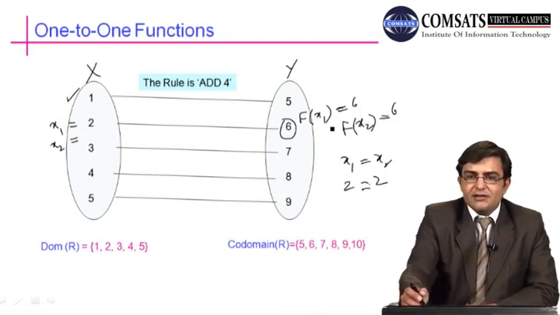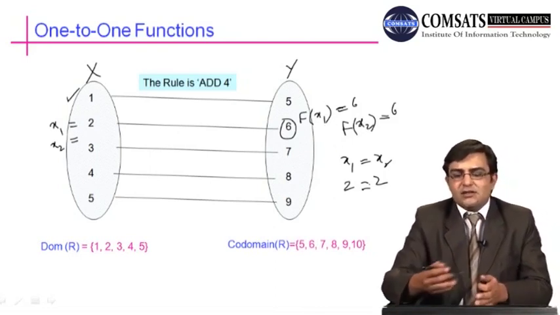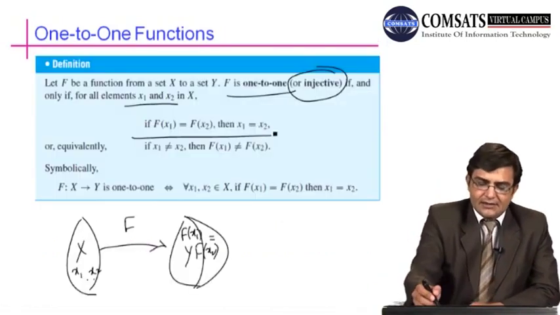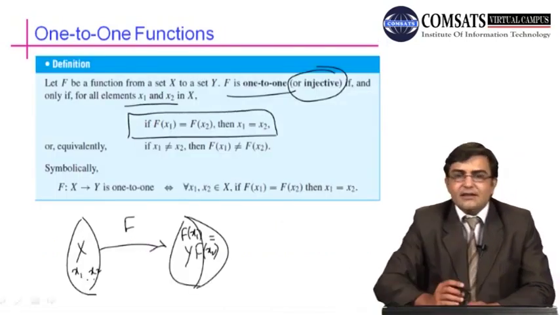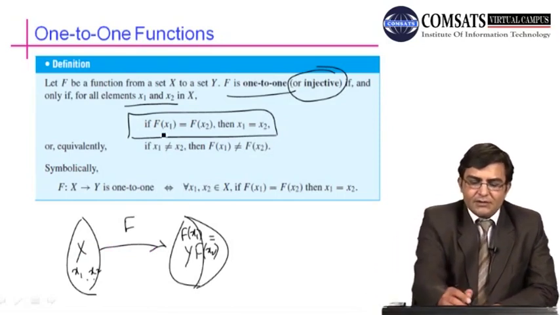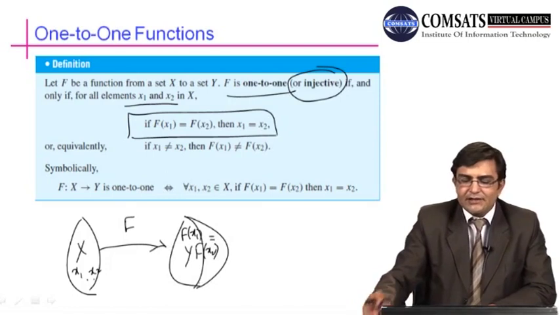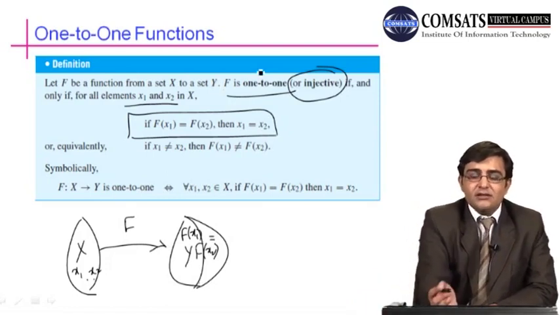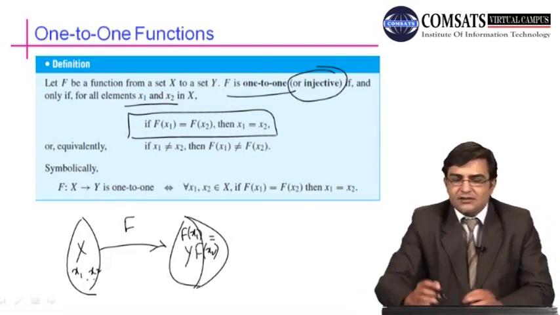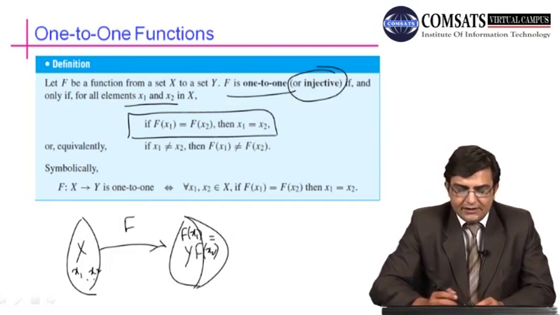For an image there is only one pre-image. This is what this statement says. If the image is 1, then the pre-image is 1. If the element of y is 1, then the element of x is 1.